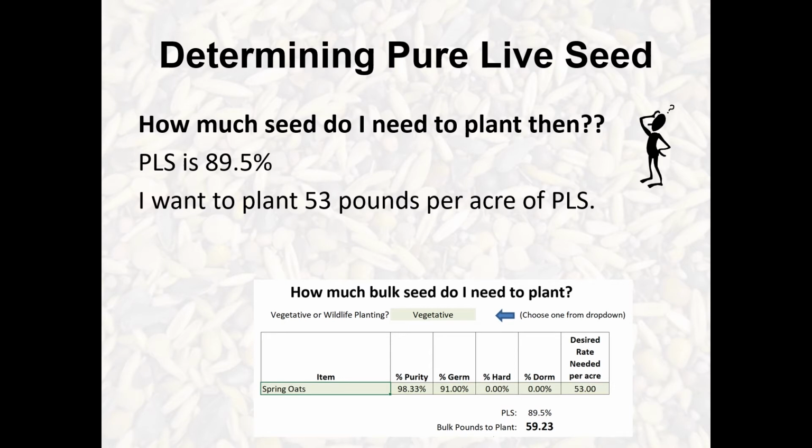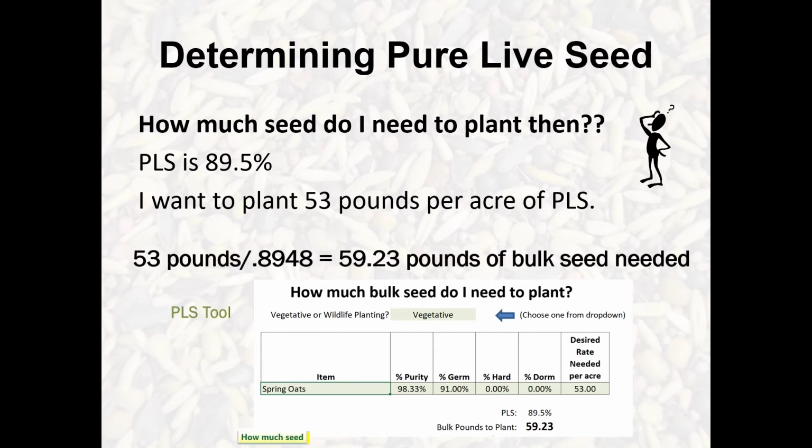Since not all seed or the bulk weight of the lot will be viable, we can easily figure out how much seed we need to plant in order to get our needed seed amount by dividing the needed pure live seed rate of 53 pounds, which came from the seeding calculator, by the 89.5%, we'll see that we need to plant 59 pounds. This can also be calculated in the Indiana Pure Live Seed tool.